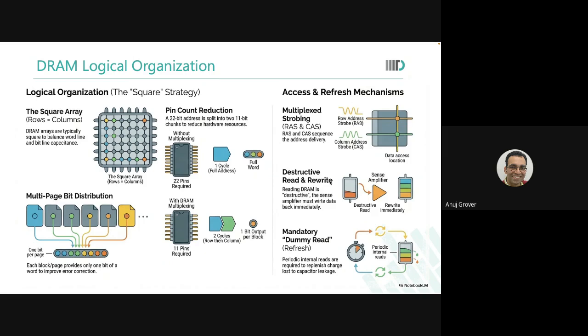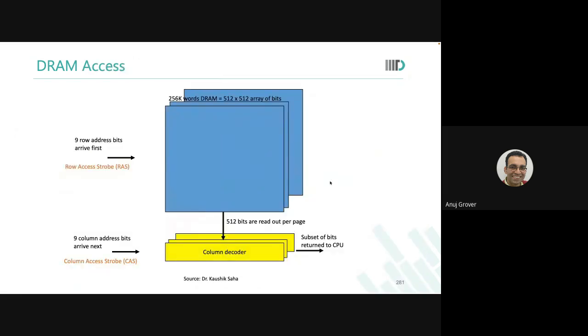What does RAS stand for? Row address strobe. And CAS stands for column address strobe. So when CAS is asserted, you know that my column address is put on the address bus and I have to access the column there.